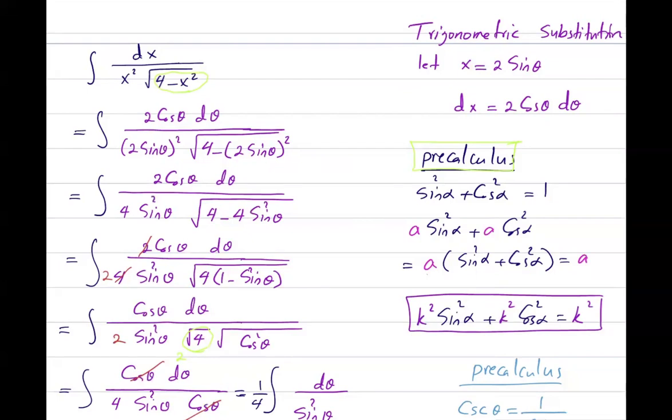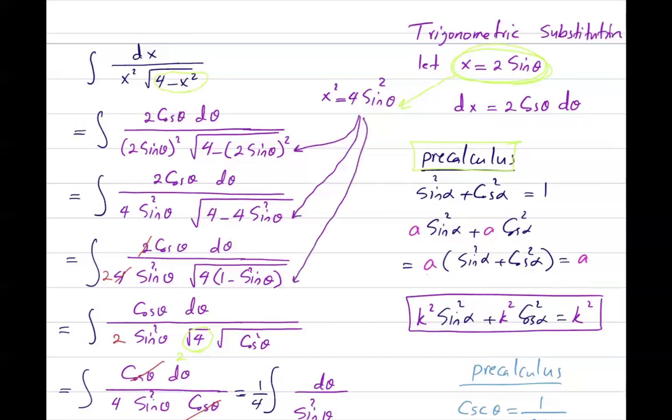So instead of using sine theta, I'm going to use 2 sine theta. So when I raise this to the second power, x squared is 4 sine squared theta. Then when I plug this back in here, I can basically factor out 4, and I end up with 4 times 1 minus sine squared, but 1 minus sine squared is nothing but cosine squared.